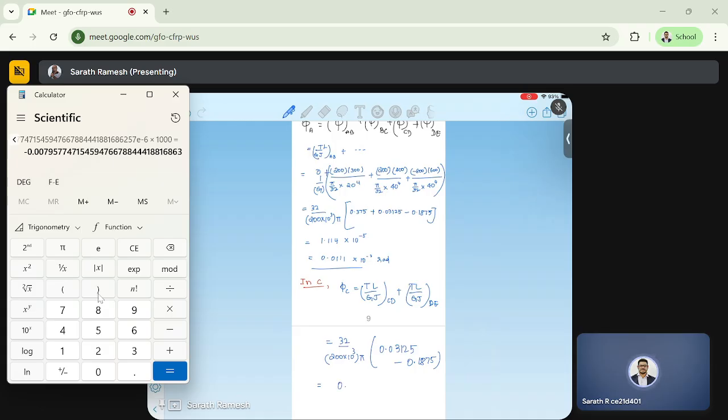We are interested in only the magnitude, so I'm ignoring the sign. It is 6 into 10 to the power minus 3 radians. Okay.